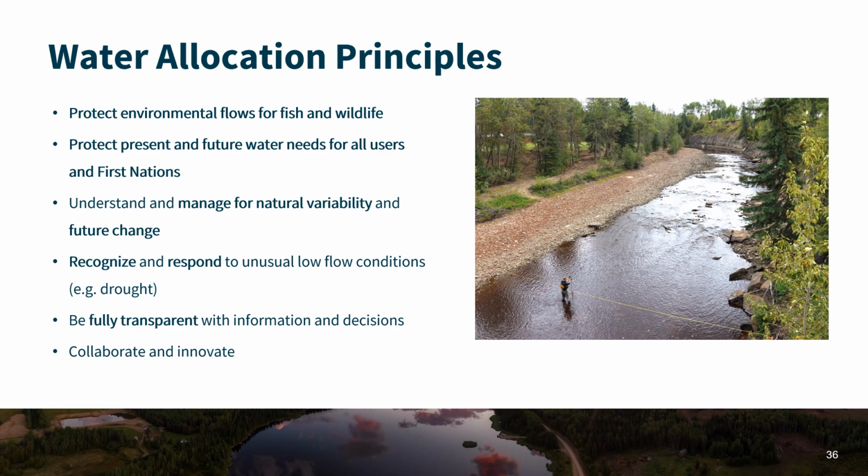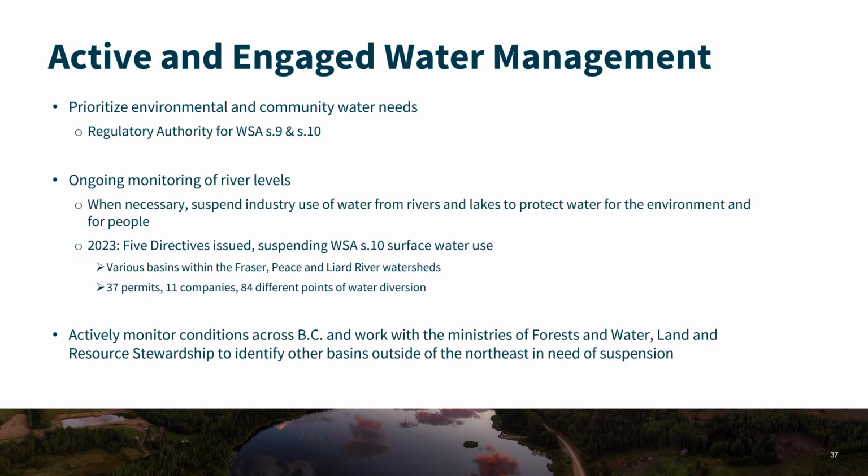We follow these values through active and engaged water management by prioritizing the environmental and community water needs. And this is allowed by giving us the regulatory authority for Water Sustainability Act Section 9 and 10 authorizations. We constantly monitor river levels, and when necessary, we will suspend industry use of water from rivers and lakes to make sure that we're protecting the water for the environment and for other people and users.